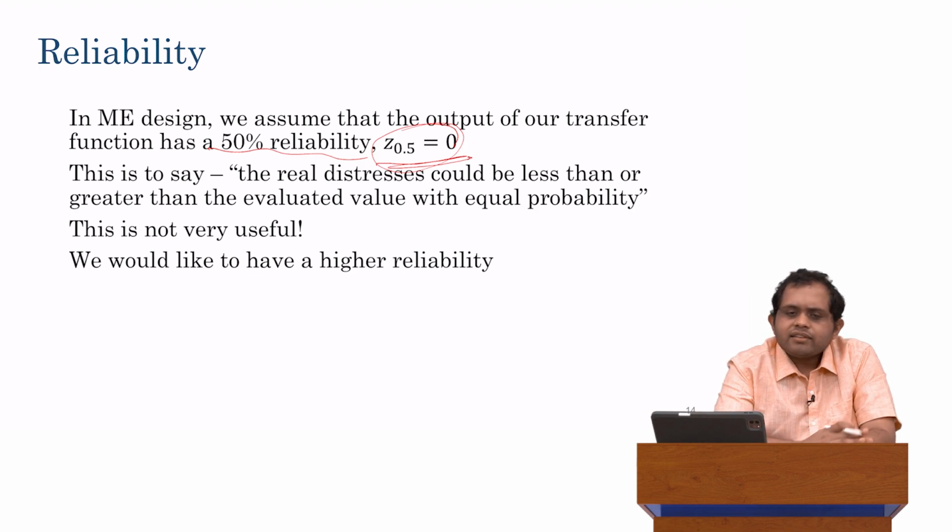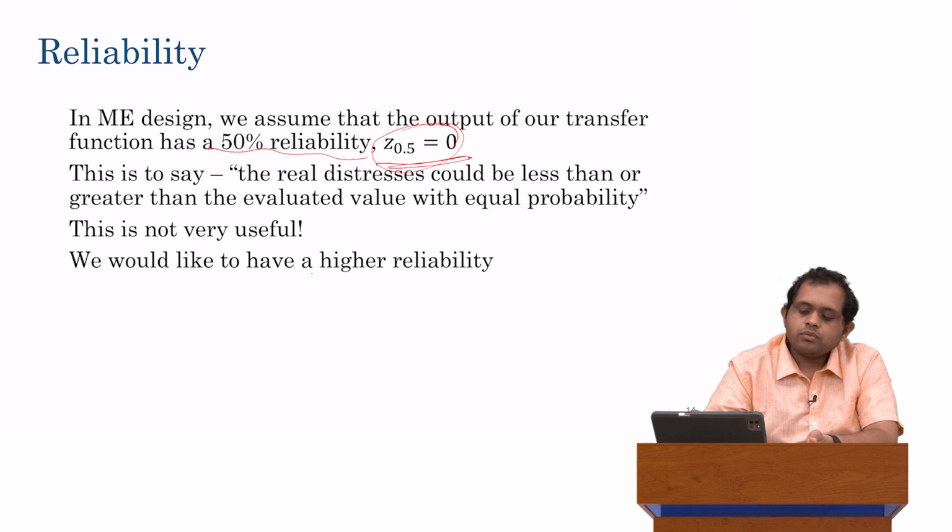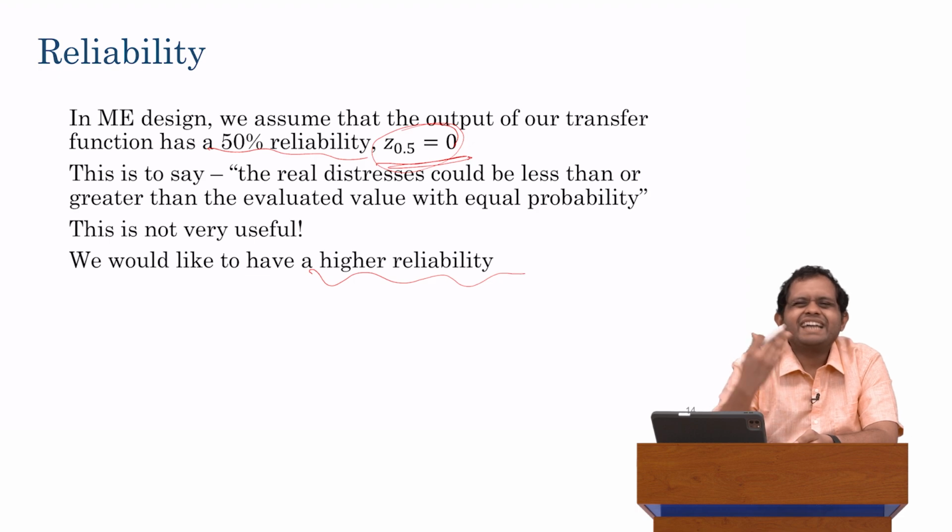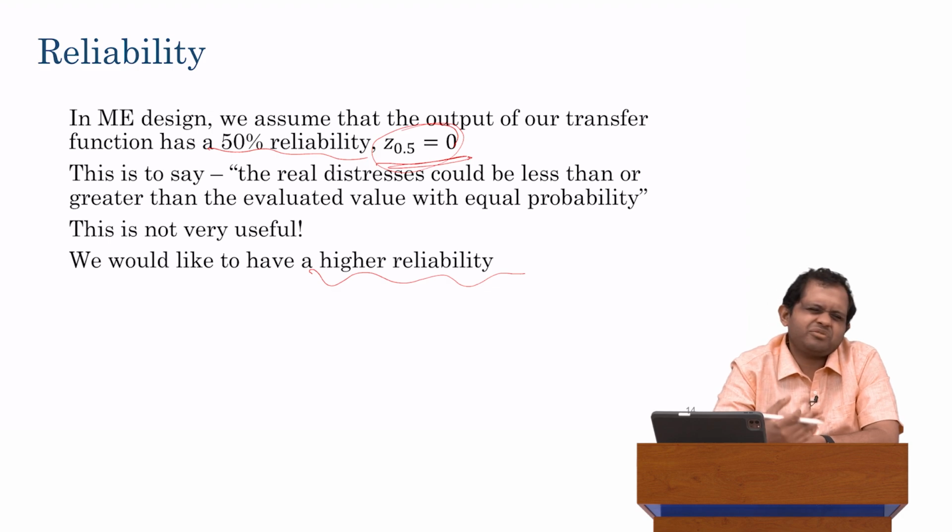You will agree with me that's not particularly useful for design. It seems quite useless. We have calculated a value, half the time we are going to be greater than that value, half the time we are going to be less than that value. Indeed, we would rather have a system which has a higher reliability. So 50% reliability is a starting point. We are generally not very happy with 50% reliability except for very small payments, and we'll see a little bit about that towards the end of the lecture.